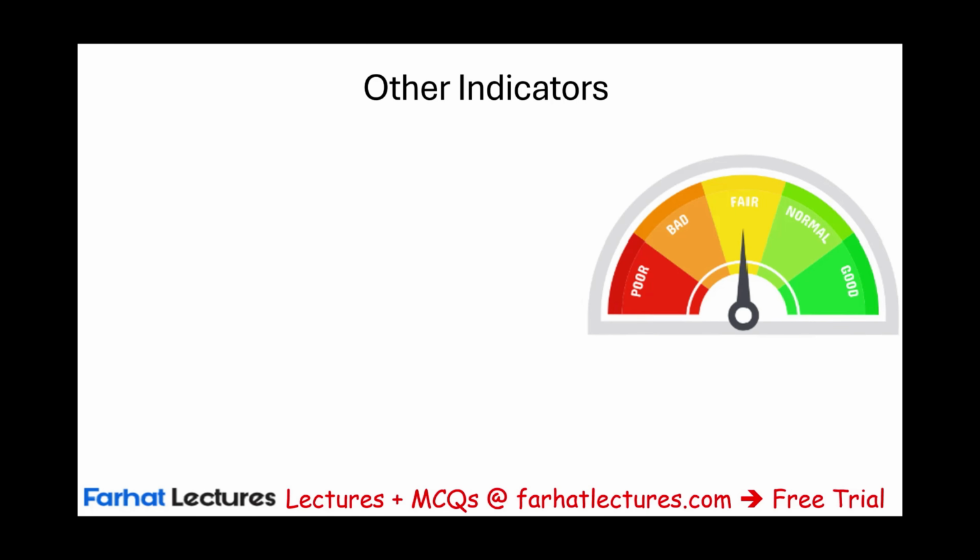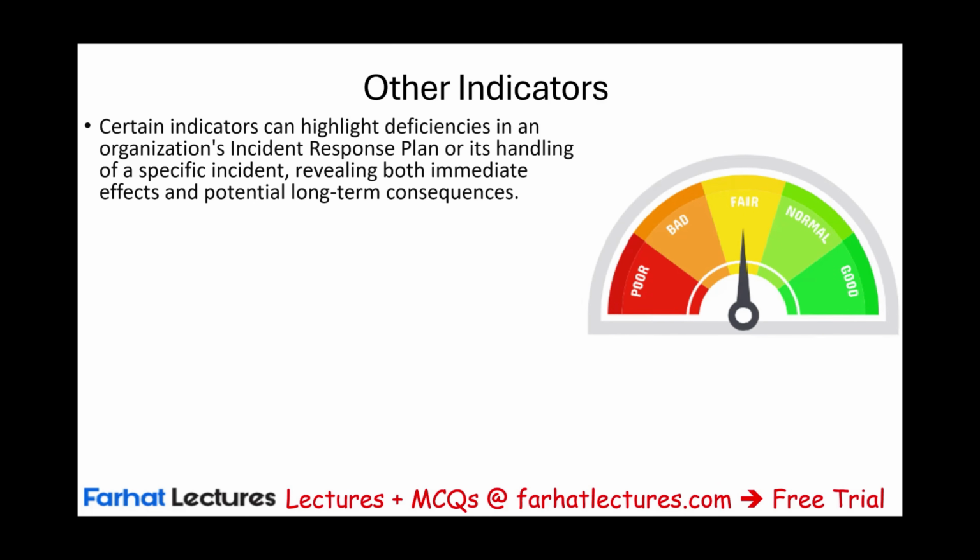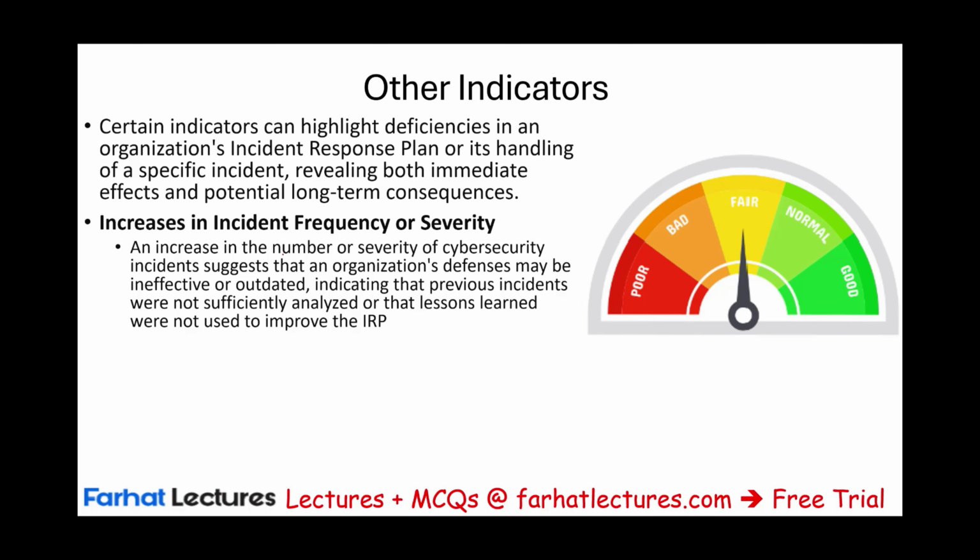Other indicators could highlight deficiencies in an IRP or its handling of a specific incident, revealing both immediate and long-term consequences. What else do we look at? An increase in the number or severity of cybersecurity incidents suggests what?